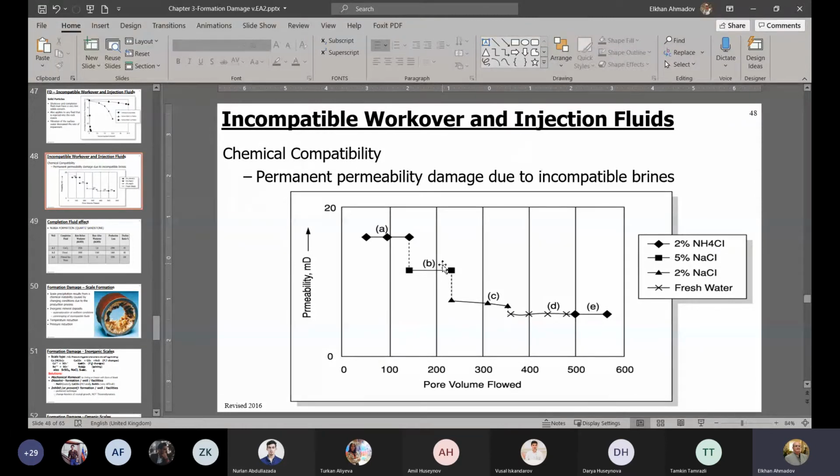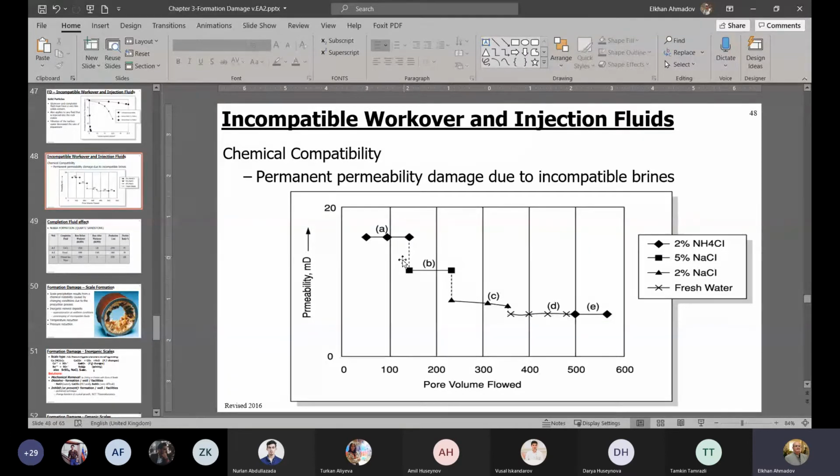Then we inject 2% sodium chloride, and this affected the permeability of the rock even further. So even more reduction we observed, and this reduction is on top of the reduction due to the 5% sodium chloride.